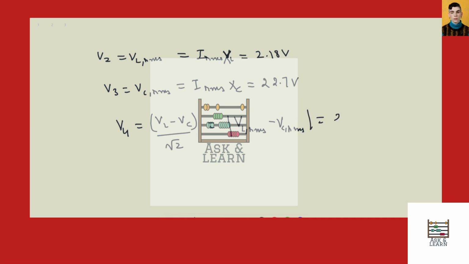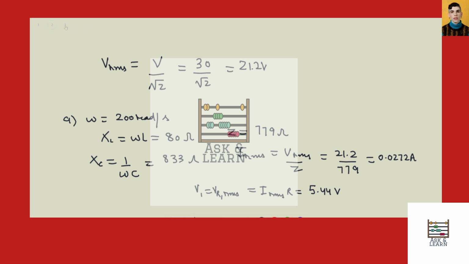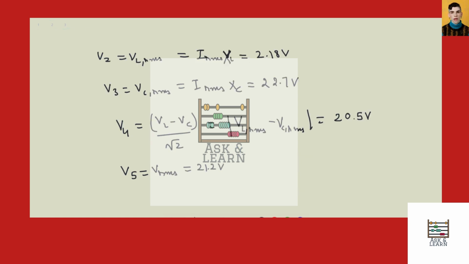This comes out to be 20.5 volt. Now going to V5. V5 reads VRMS because that's across the whole circuit, A and B, the voltage applied by the source, which is 21.2 volt. So that's our A part.